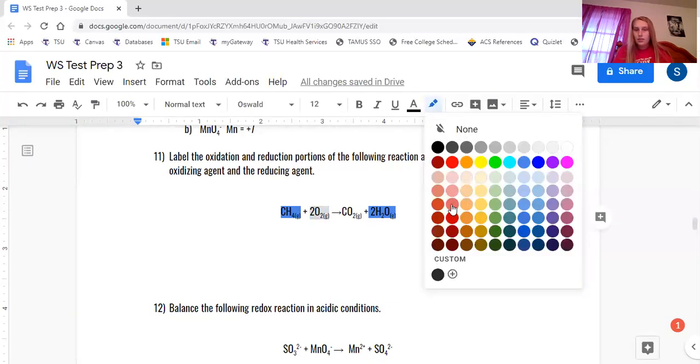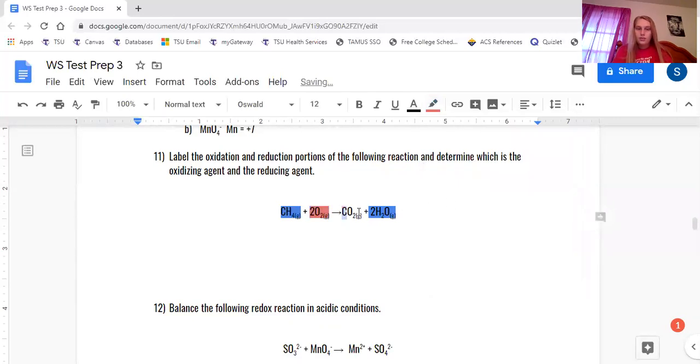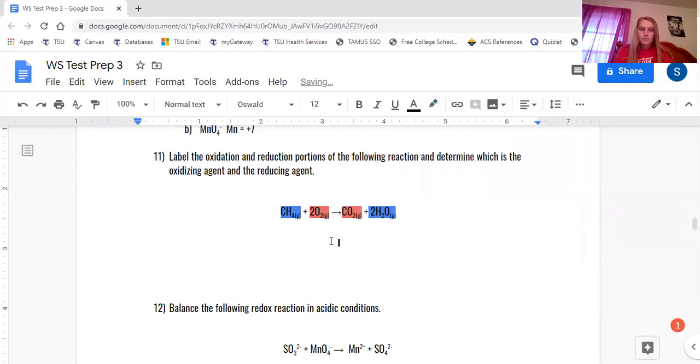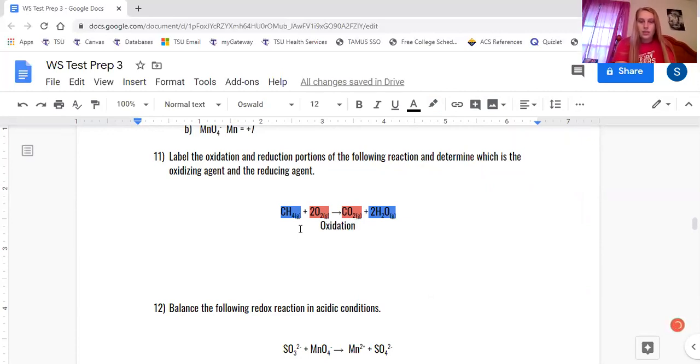Show that. Oxidation. And so if it's the oxidation one, that means it's the reducing agent because it's the one that causes the reduction of the other one.